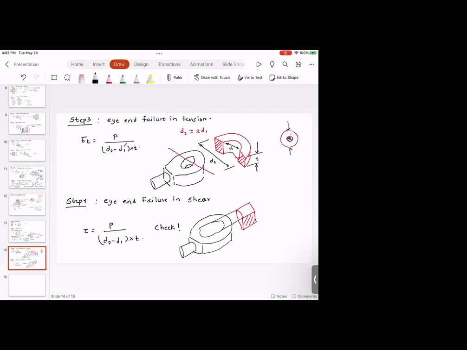So if you find out the dimensions from step 3, you have to make sure that the end is safe in shear. If you find the dimensions from step 4, you have to go back and check the dimension in step 3.